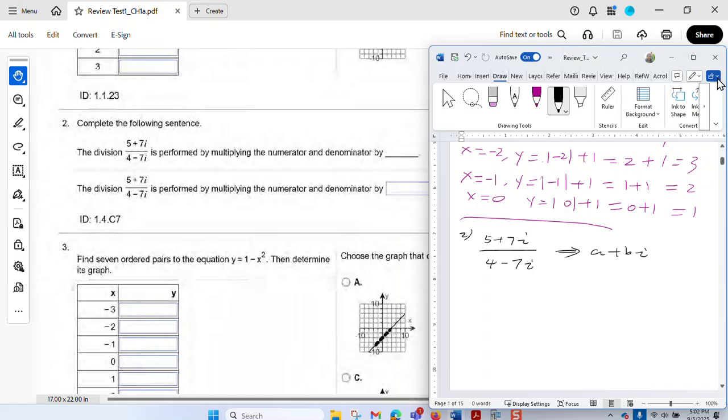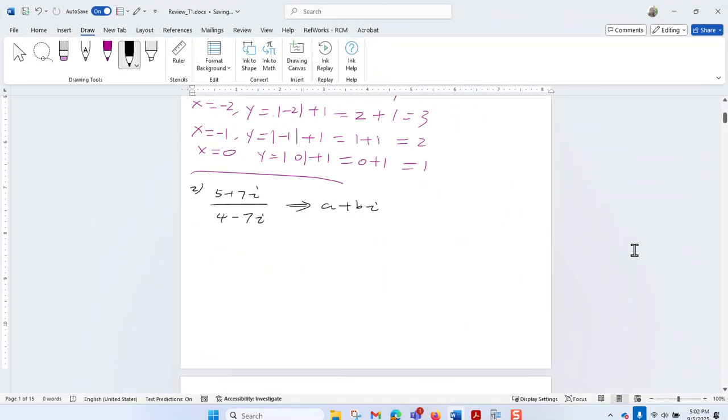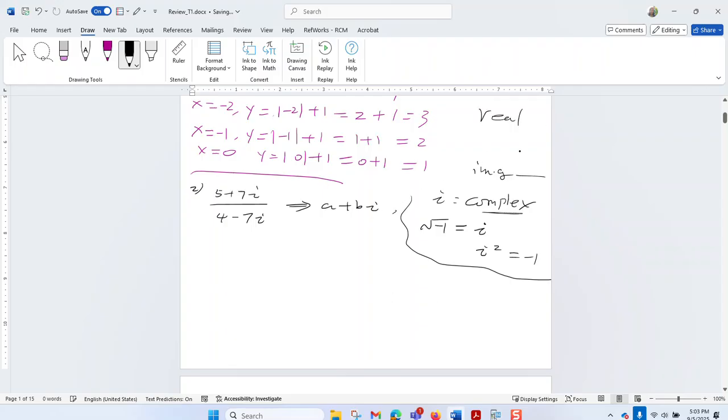The square root of -1 in real numbers is undefined, but in complex numbers, we define it as an imaginary number. This is an imaginary number, so that's why it's called i. Okay, and if we square both sides, i squared will be -1, right? So this is a little bit different from the real numbers we're talking about. In real numbers, everything squared will be positive, right?